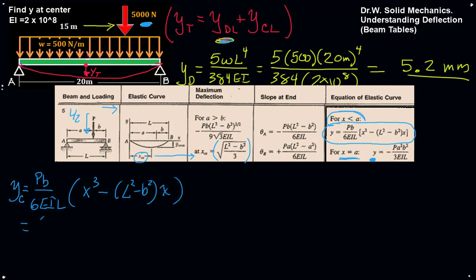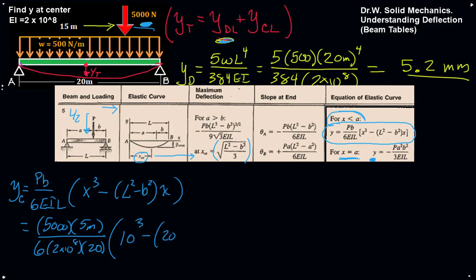So we'll get P is 5,000, b is 5 meters, 6EI is 2 times 10 to the 8, L is 20, x is the location of interest for us, which will be 10 meters cubed, minus 20 squared minus 5 squared times 10. And from here we'll get 2.86 millimeters of deflection due to that load.